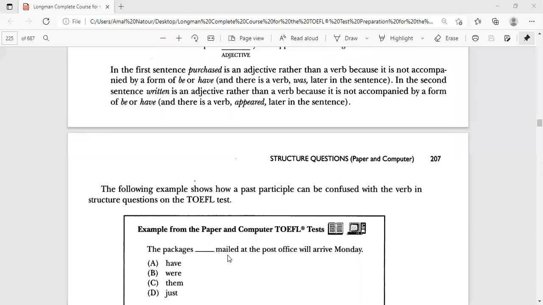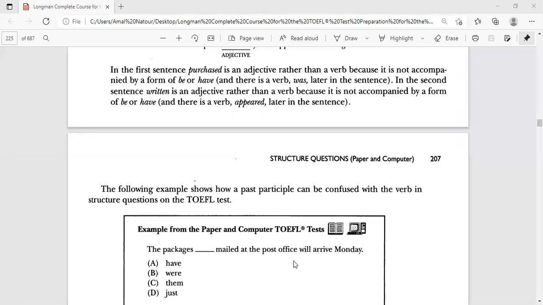If we look only at the first few words of the sentence, it appears that packages is the subject and mailed is either a complete verb or a past verb that needs a helping verb. But if we look further in the sentence, you will see that the verb is will arrive.